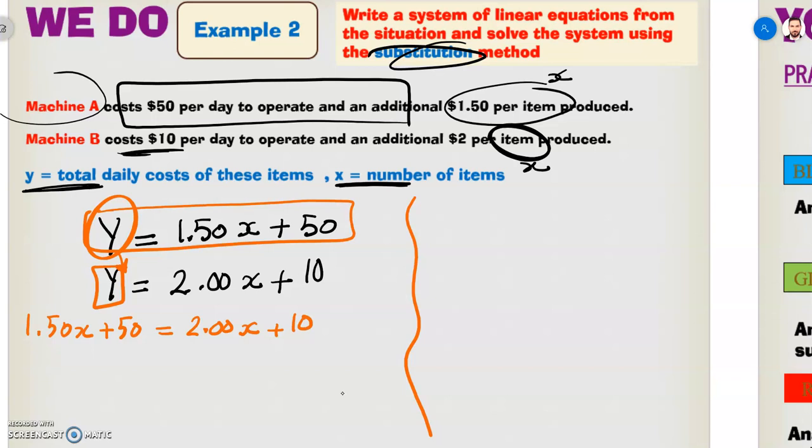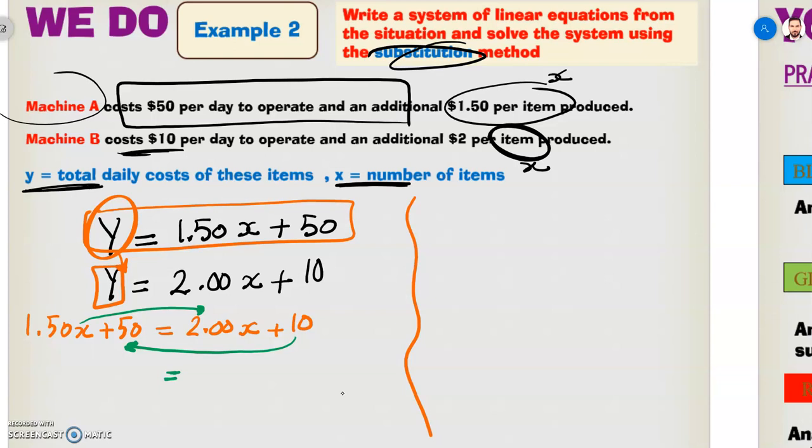Then what should I do next? I have to put X with X and the number with number. So I will switch the small value of X from the right hand side to the big value, and the small number to the big number. It's better because I don't want to put my equations in negative.